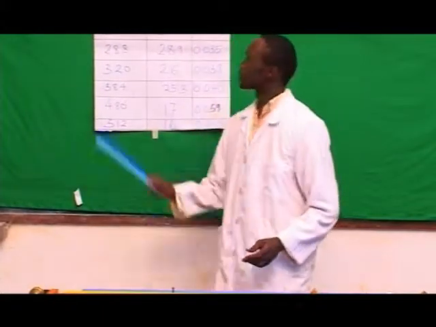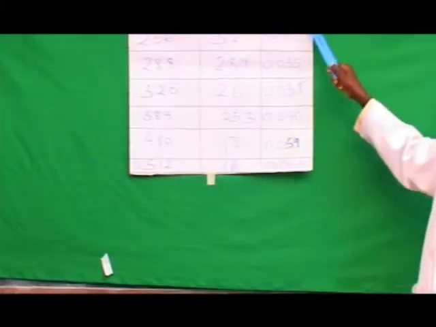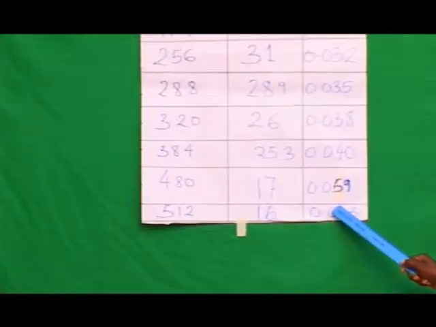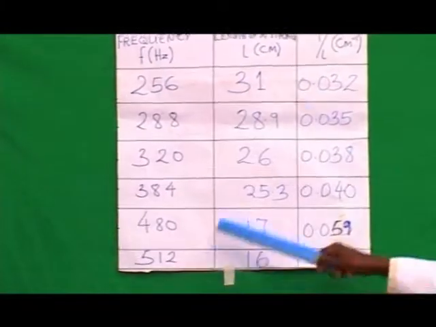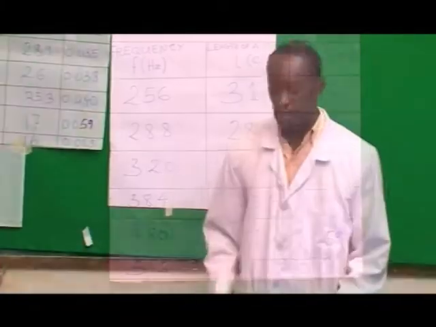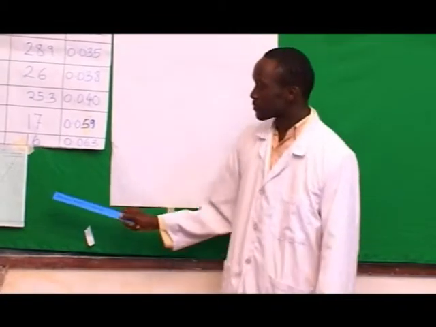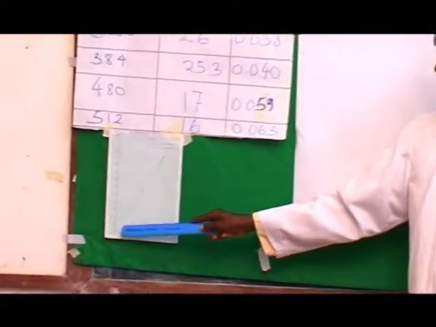From the table of results, we have frequency, length of the string, and the reciprocal of length. Now, draw the graph of frequency against reciprocal of length. The graph has this nature.